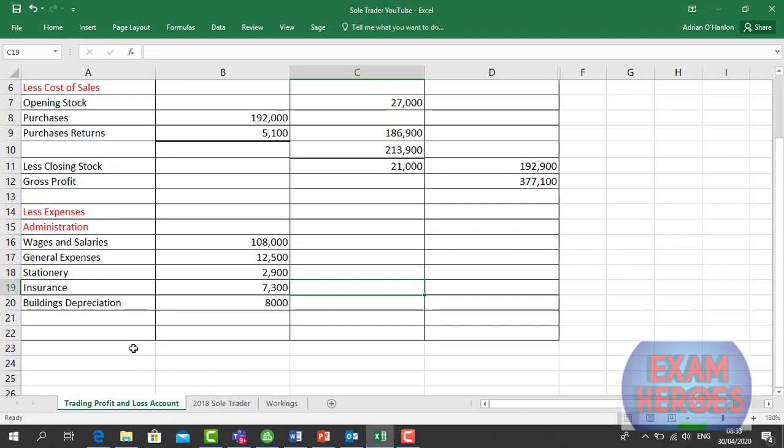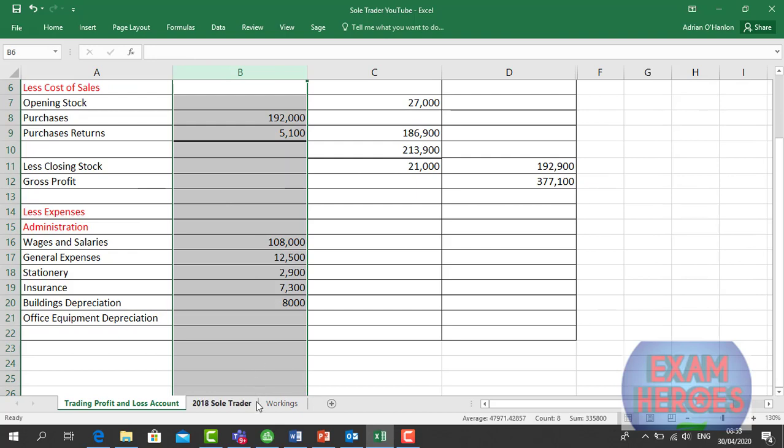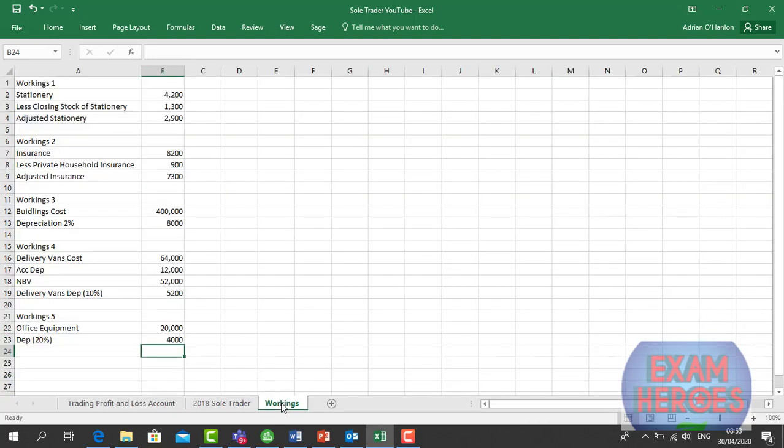So if I come in here, I just put my office equipment depreciation. Let's make this a small bit bigger. And the charge for this is 4,000 euros.